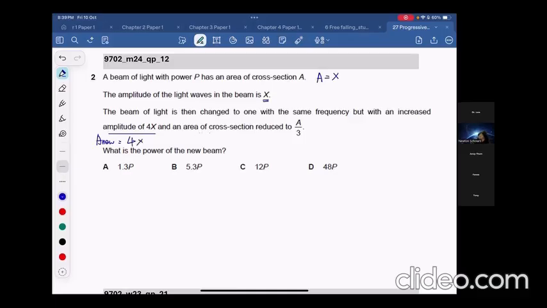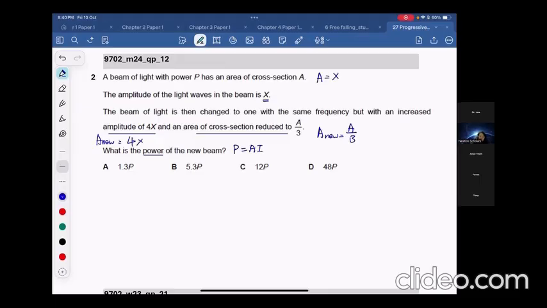The new area becomes A over 3. So what is the power? Power, just now I told you power equals AI. So that means we need to link with intensity. Now the problem is you have to find the intensity for original and intensity after.